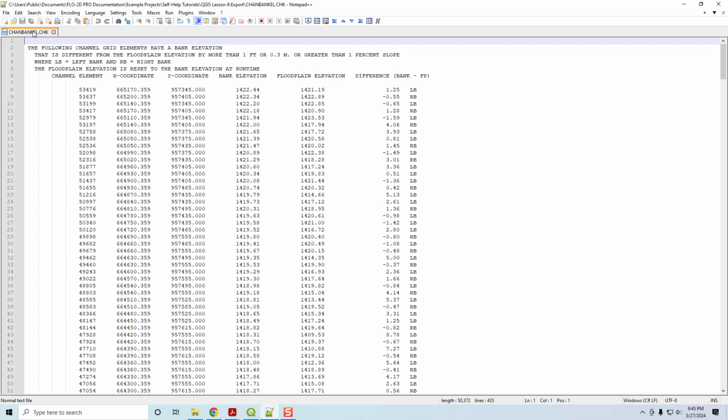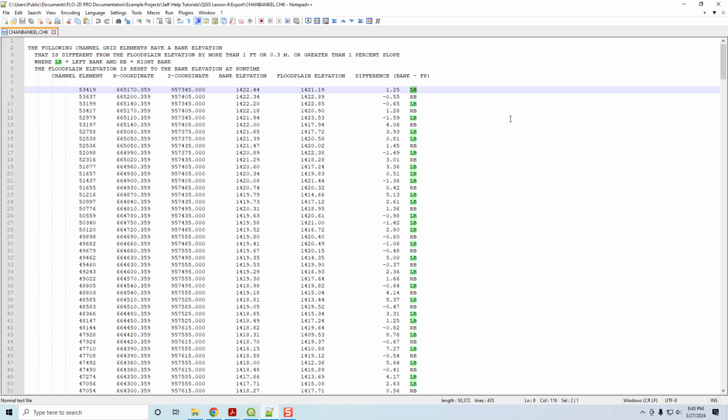And then CHANNEL ELEVATION.CHK is a file where you have a left bank, or sorry, this would be the bank difference. How does this work? I guess it goes bank elevation and floodplain elevation, and then it gives you a difference, and then it tells you whether it's the left bank or the right bank.